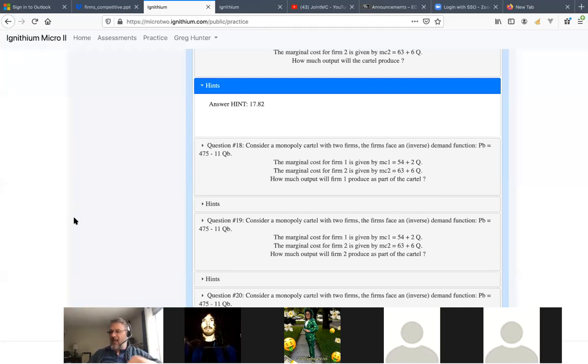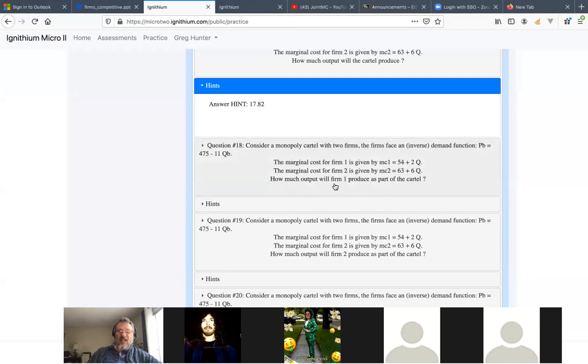And so now, Aubrey, did you calculate the output for firm one? So you're just going to set marginal cost equal to marginal revenue. Marginal cost for the second firm, do you mean?